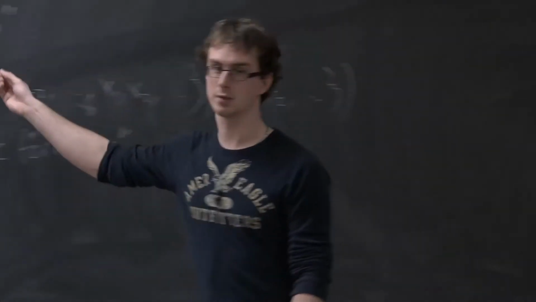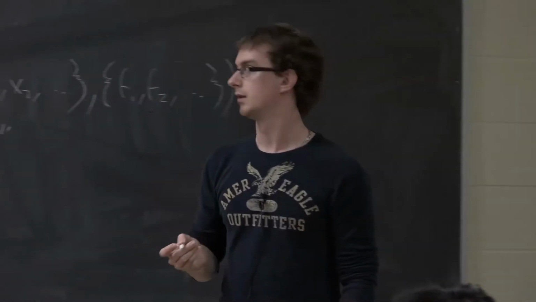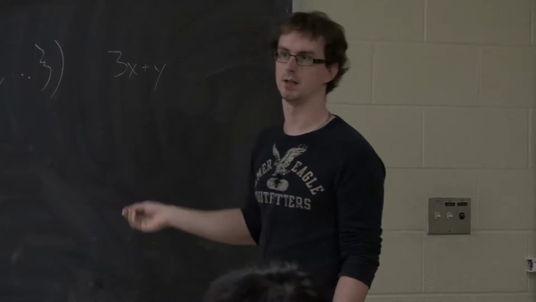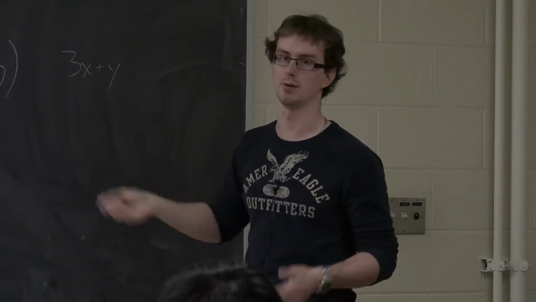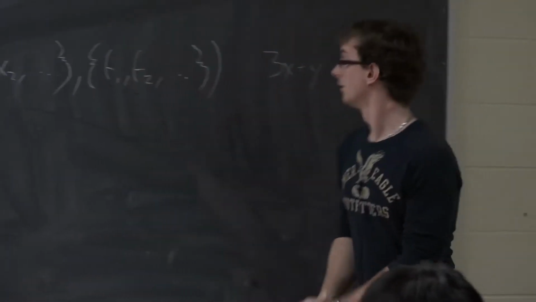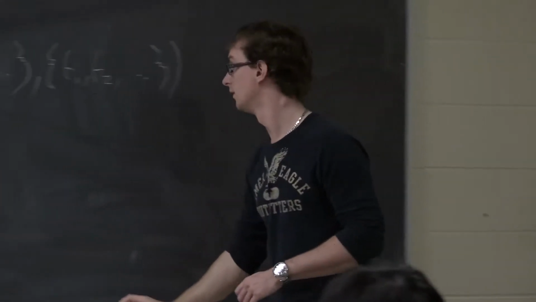So terms are not well-formed because 3x plus y doesn't have any truth associated with it, right? It's just some other value in our domain. But atomic formulas are going to be the simplest things that can be given a true or false value.